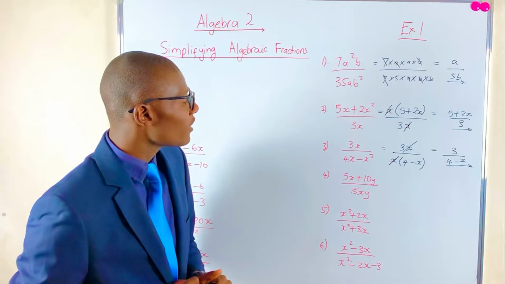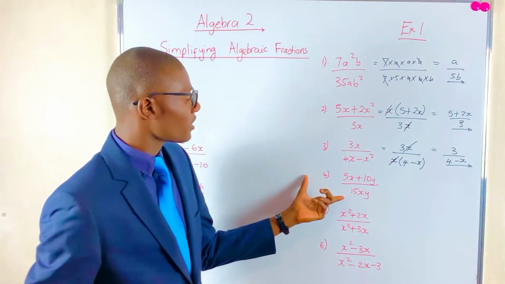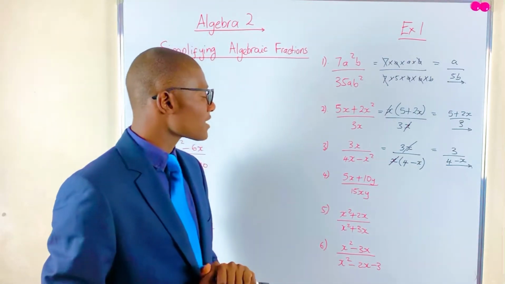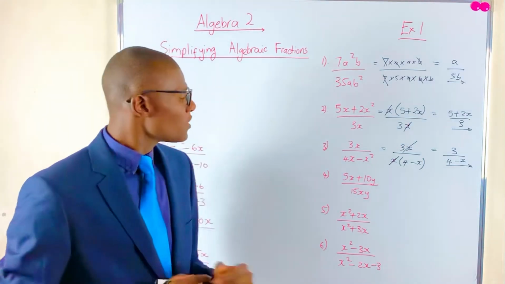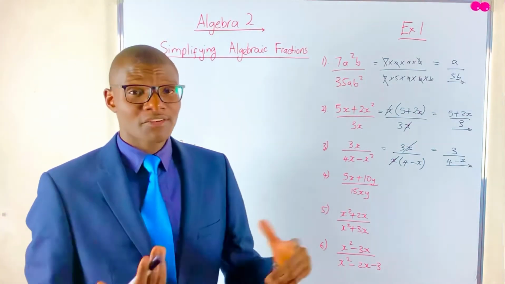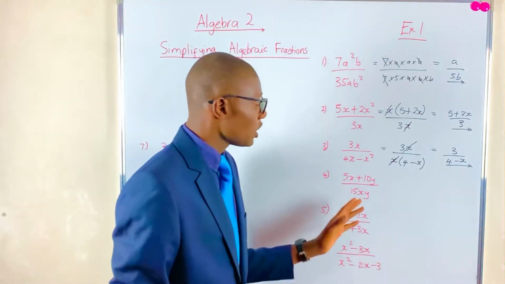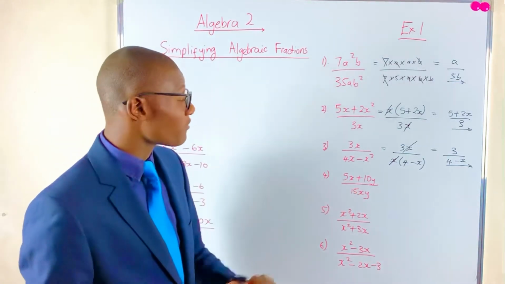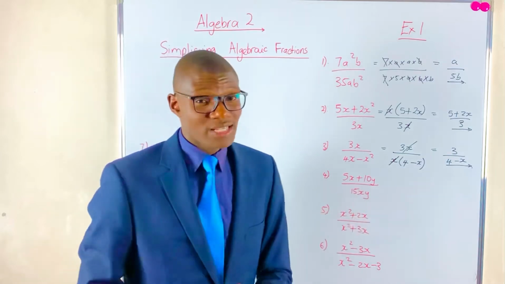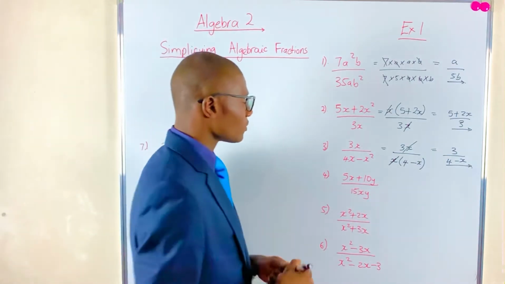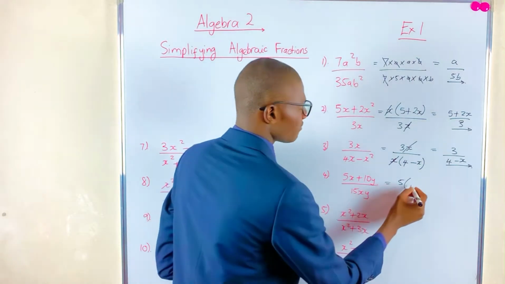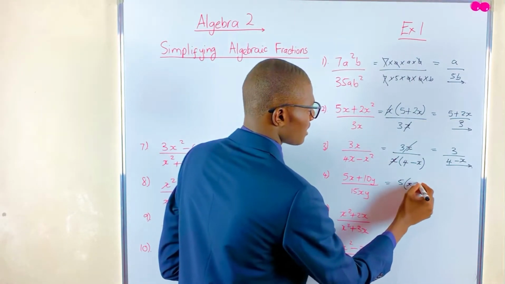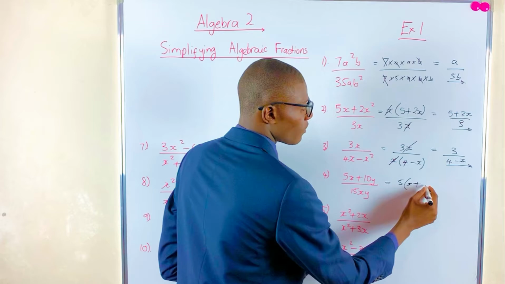And now, let's look at number 4. Number 4 says 5x plus 10y over 15xy. In the numerator, we can factor out just 5, because the variables we have, we've got an x separately, then a y separately. So we can only factor out the constant 5. Factoring out 5 in the numerator, 5 into 5x, we get an x, plus 5 into 10y, we get 2y.